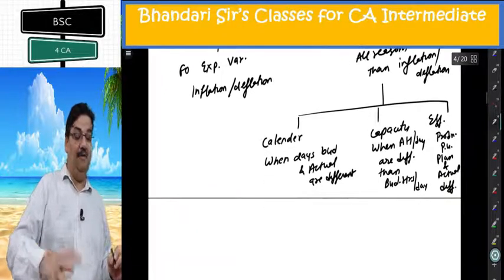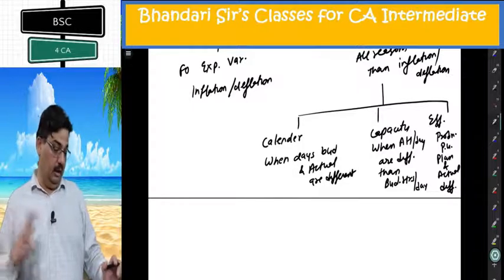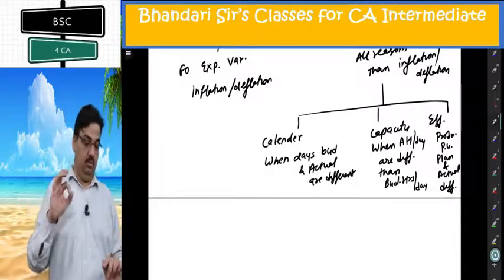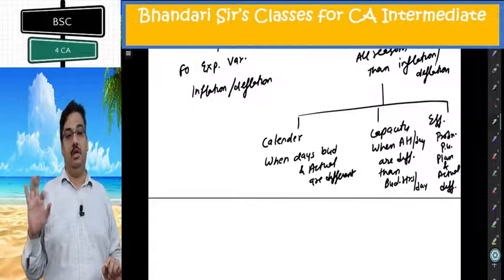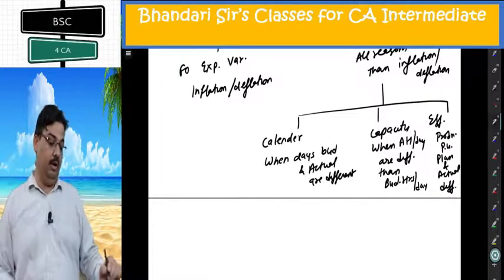That creates efficiency variance. Questions per hour, I said. Here it is production per unit, planned and actual is different. So this is what is spelling out all the variances.